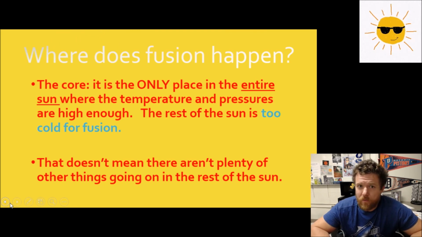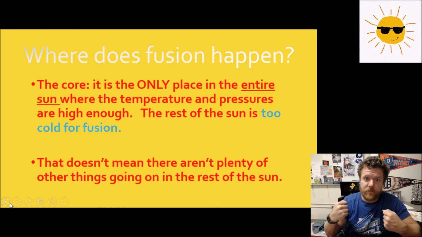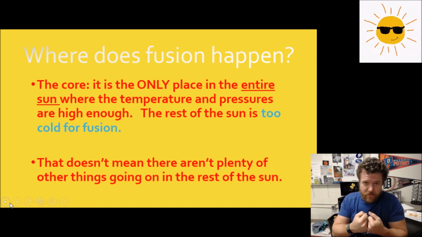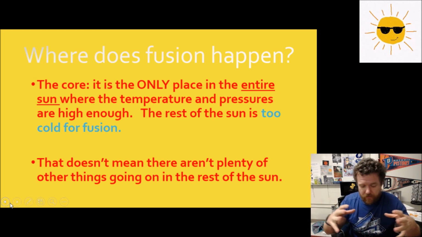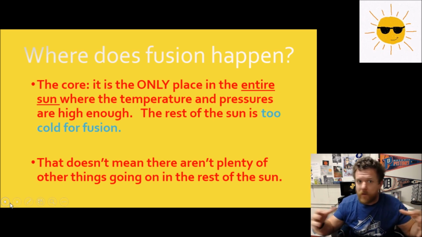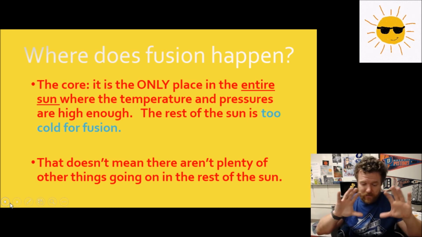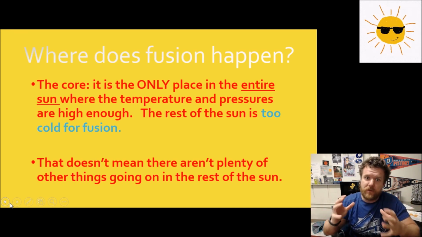The core is the only place in the sun where it's hot enough to get those protons moving to smash into one another. Once you leave the core, it's not hot enough and you're not doing fusion anymore. In fact, the core of a star is defined as the place where it's hot enough to do fusion.